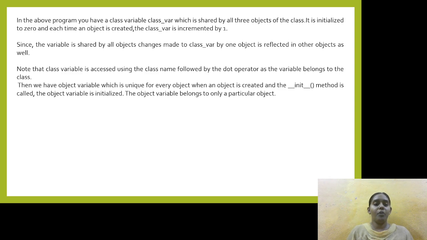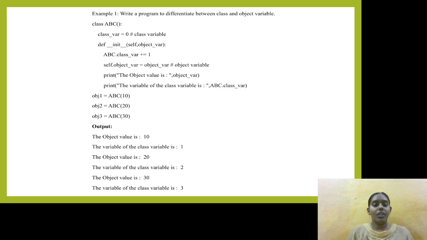In the above program, we have a class variable class_var which is shared by all three objects of the class, and it is initialized to 0, and each time an object is created, class_var is incremented by 1. That is, here we can see the object value is 10 firstly, and the class variable is 1, and here we are assigning ABC.class_var += 1.